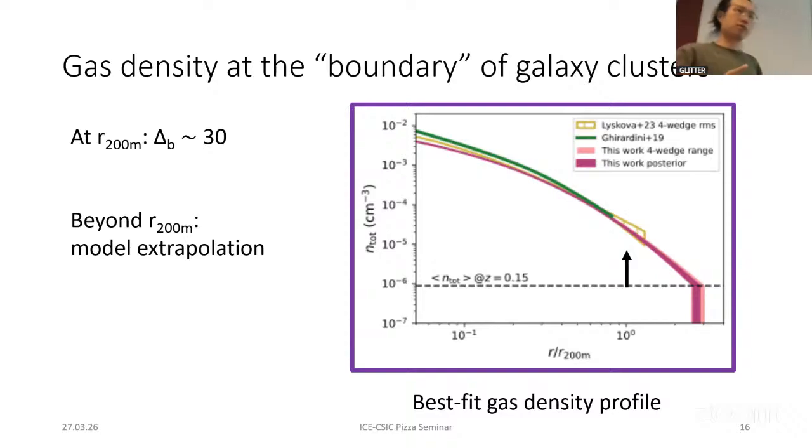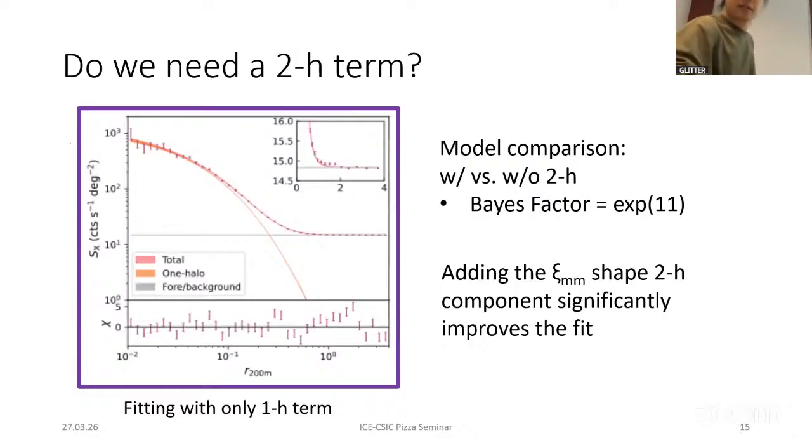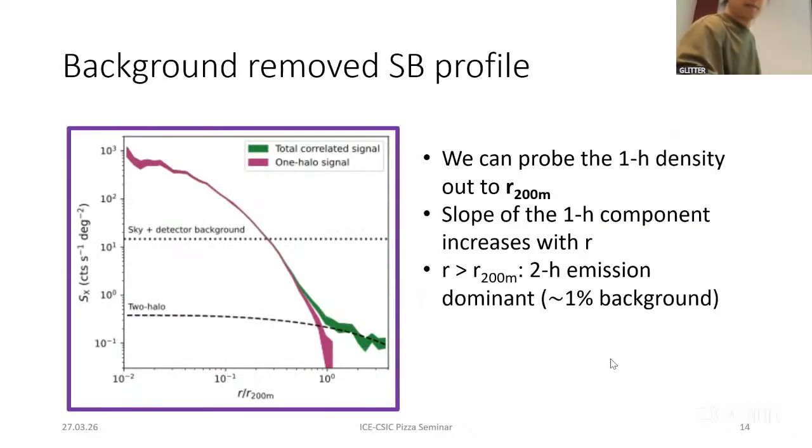And so now we have our fitting of the one halo term. It tells us the average properties of the halos we stacked. We can simply decompose it to get the density of the gas there. And because from the previous plot, we see that the one halo term signal basically ends at R200, and beyond that, it's very hard to probe.